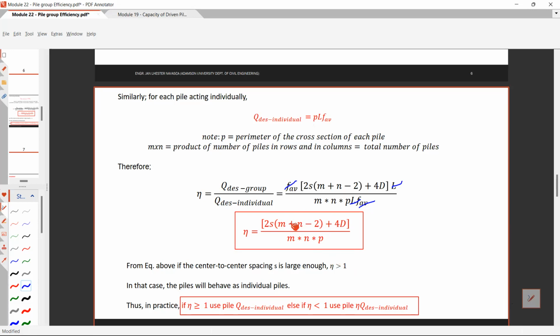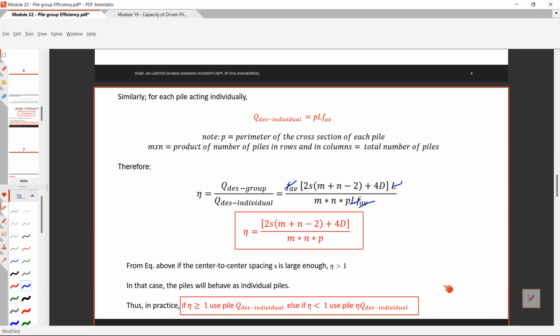Okay, so therefore, this is the final equation for piles acting as a group. So ano yung efficiency niya? Ano yung efficiency ng piles natin acting as a group? So parang ang nangyayari, yung 100% efficient is piles acting individually, that is the 100% efficient.